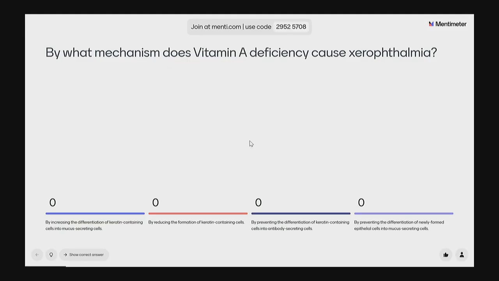Bear with me, give me a second. Okay, so we can go to menti.com and use that code to access the Mentimeter question session.